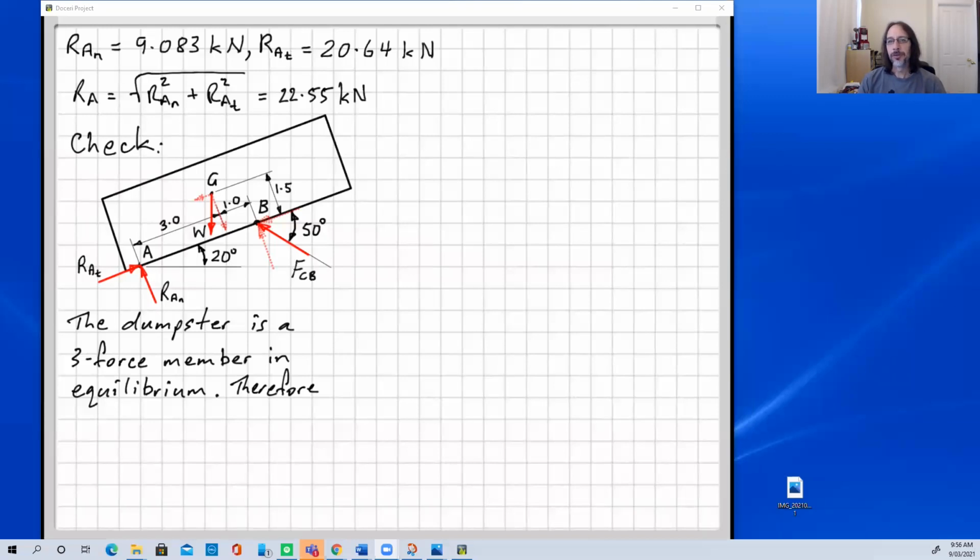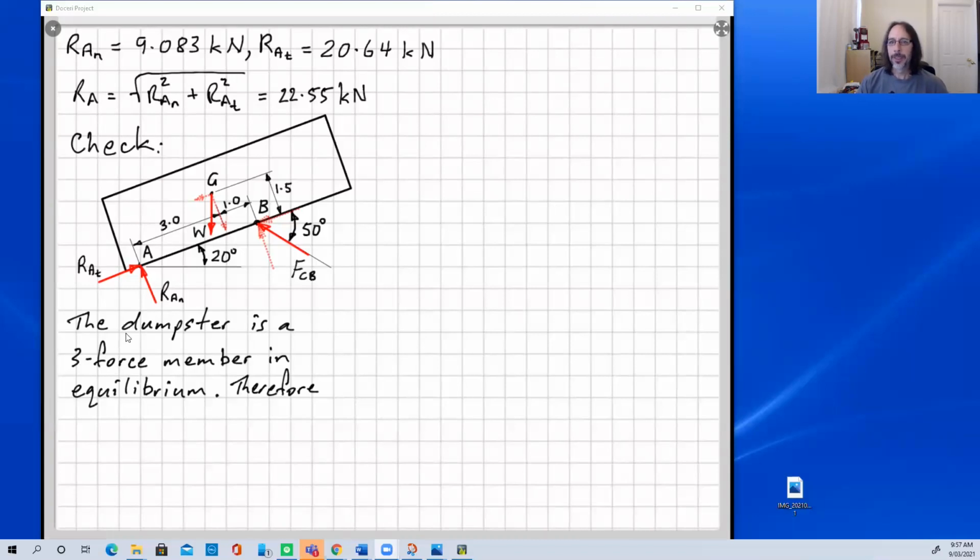Using 3 force members, or identifying a 3 force member and using its properties in your graphical method, made the solution easier. Typically we don't do graphical methods when you get to university in practice, but they're still important to know about when you're doing your analysis.